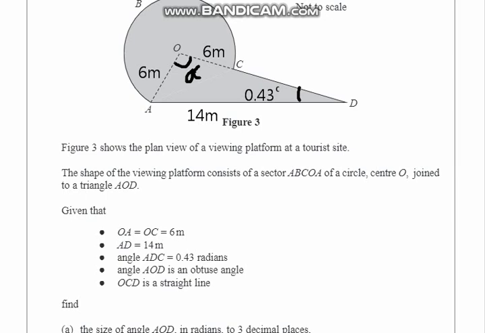Why? Because even if two sides and one angle are given, you can use the sine rule.